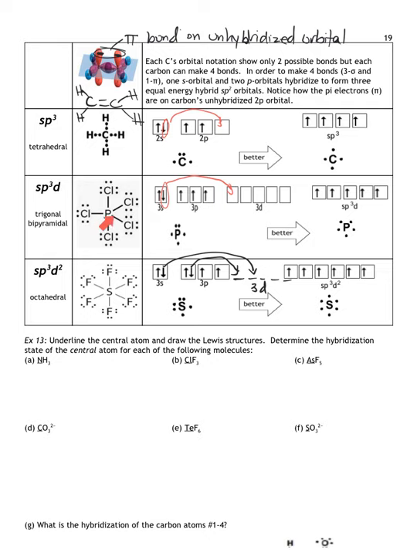Now, lone pairs will take on hybridized orbitals. So if there's a lone pair in this structure, understand that it will be on a hybridized orbital, and it will be paired up in itself. So a lone pair would look like this, with a paired electron at one of the spots. So let's take a look. Nitrogen. The first thing you want to do is draw the Lewis structure.